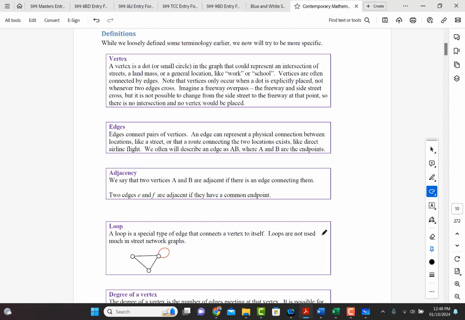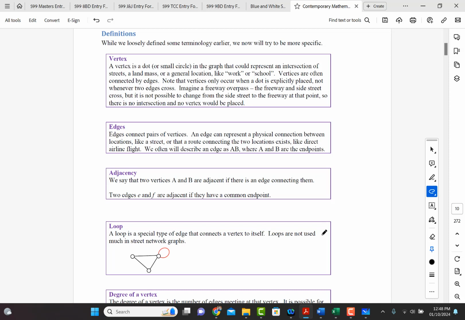Okay. Now, the next definition is adjacency. We say that two vertices A and B are adjacent if there is an edge connecting them. Okay, so two edges, E and F, are called adjacent if they have a common endpoint. In other words, if they have a common vertex.